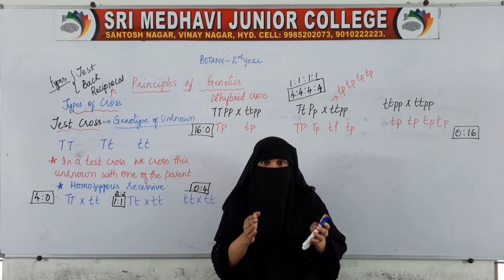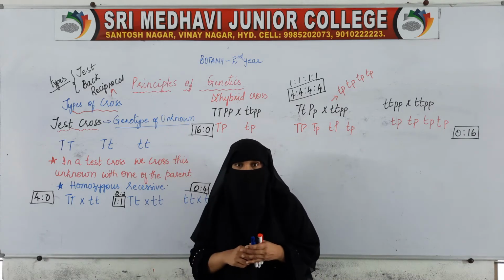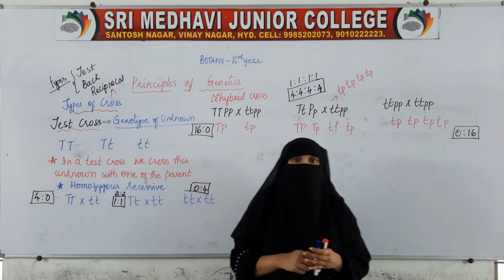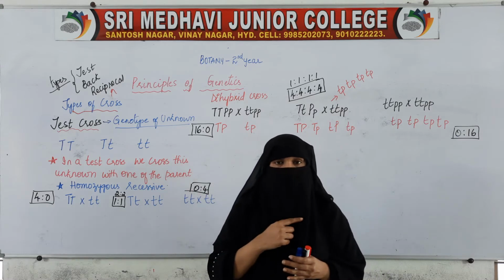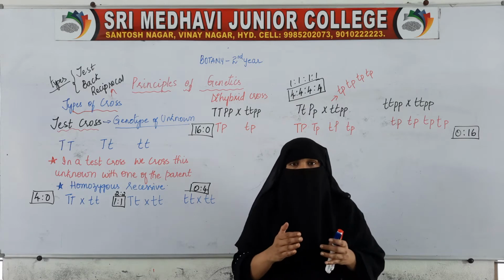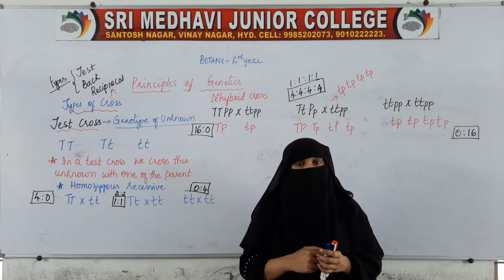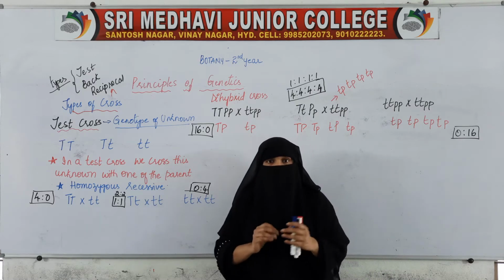Suppose we take the test cross for monohybrid ratio, that is, we are checking for one character. All four are tall plants.